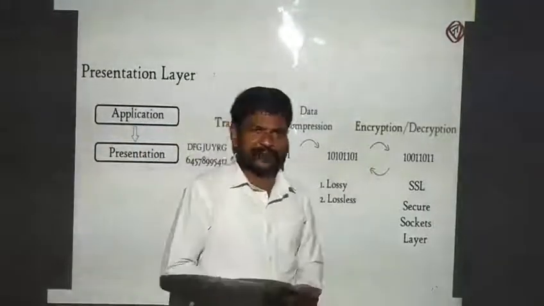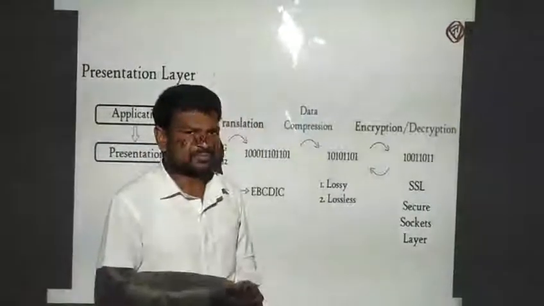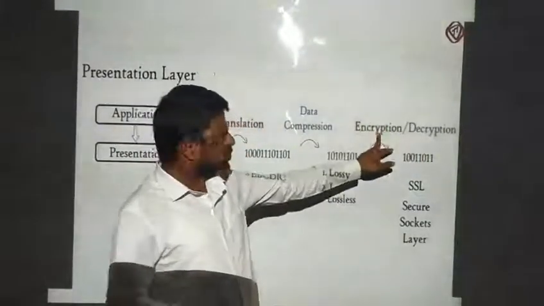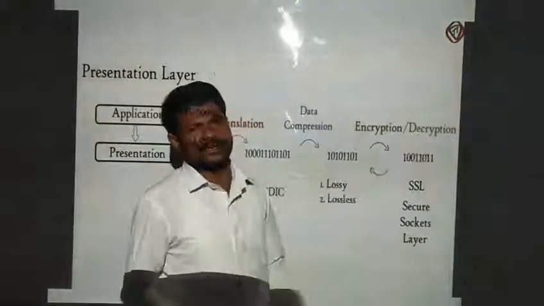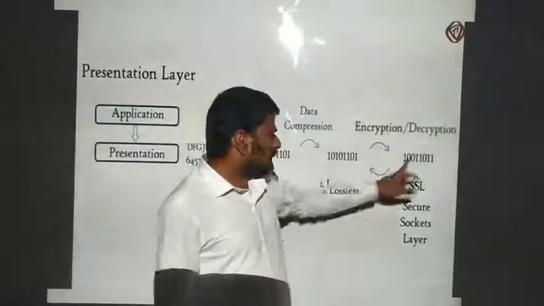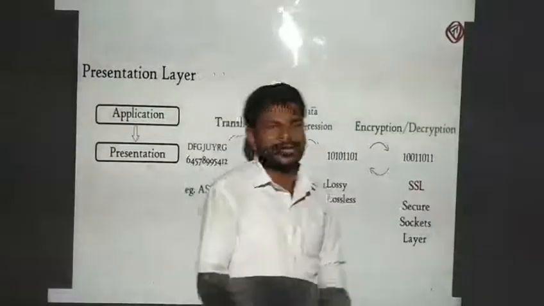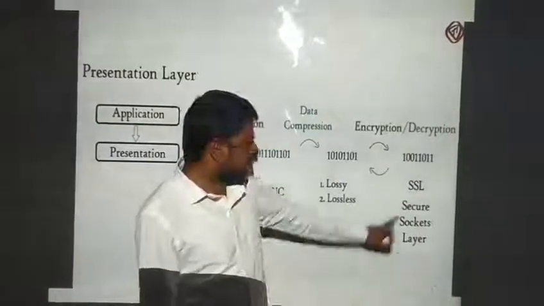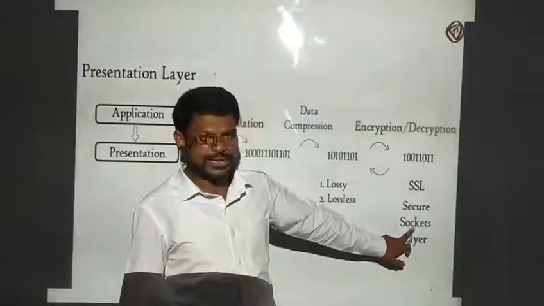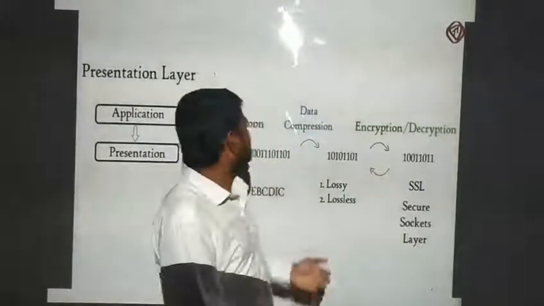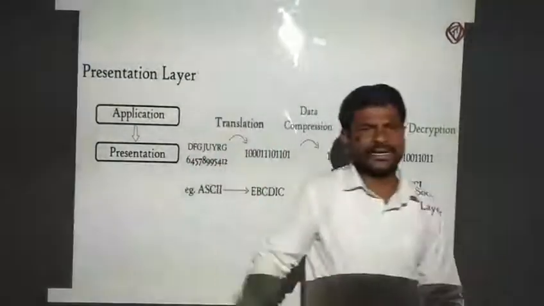For security purposes, we will encrypt the data. To decrypt means the encrypted data should be decrypted to be received at the receiver side. This encryption and decryption can be done using protocols called SSL. SSL means Secure Sockets Layer. These protocols are used for encryption and decryption in the presentation layer.